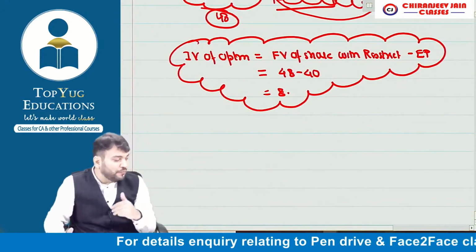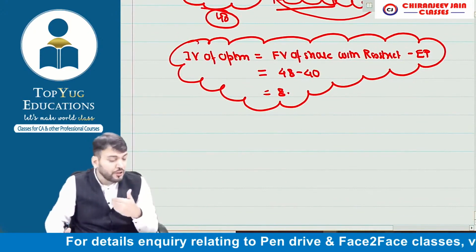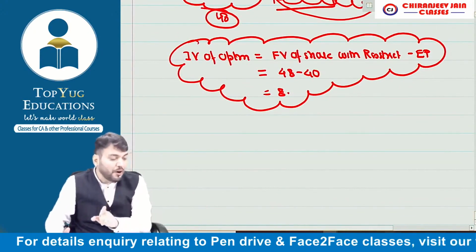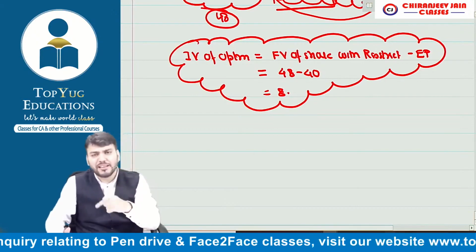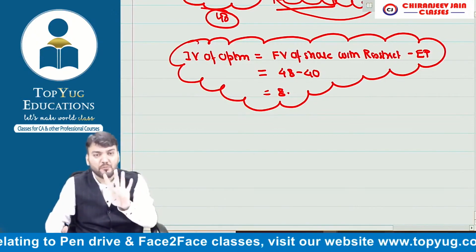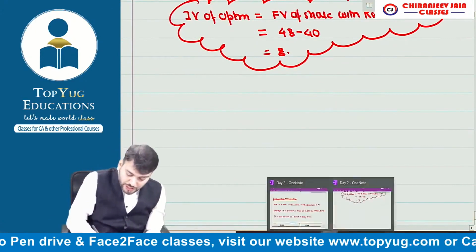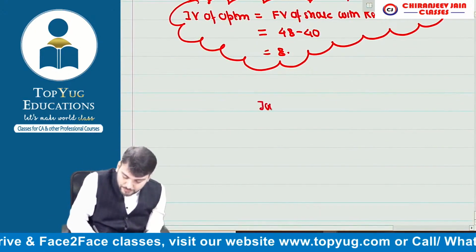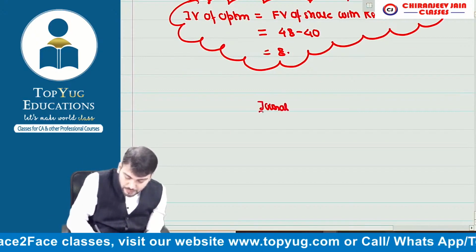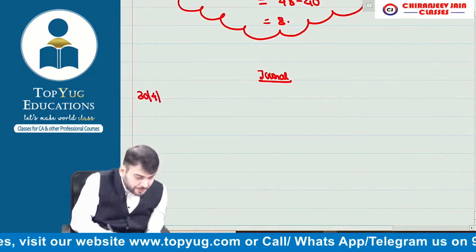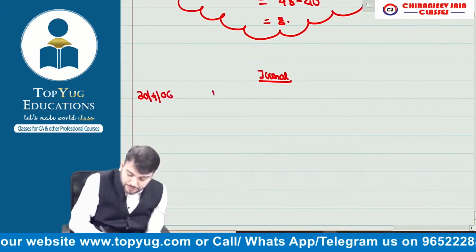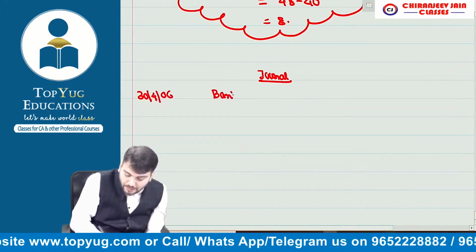They have said that on 1st April 500 employees were offered, but only 400 accepted by 30th April. So directly we will pass the journal entry on 30th April for 400 employees. So tell me, what will the journal entry be? On 30th April, bank account debit.